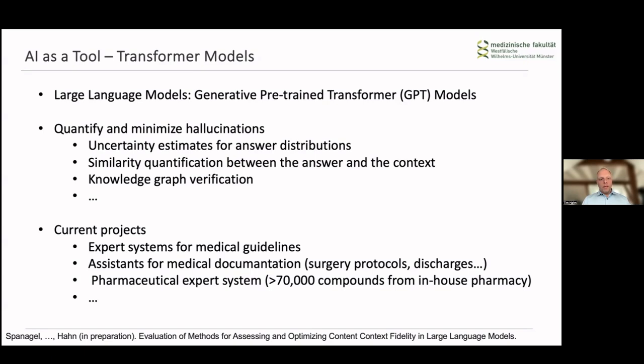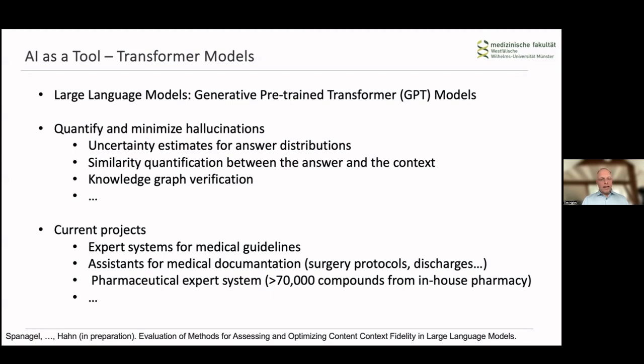So we talk to the societies that wrote these guidelines and build expert systems that give you information. Then you can basically say, okay, I know this patient has disease X, and I have an expert here for disease X that will answer only from these guidelines. It knows everything that's in the guideline, but nothing that's not in the guideline.